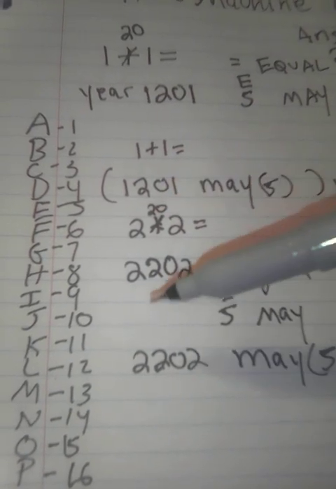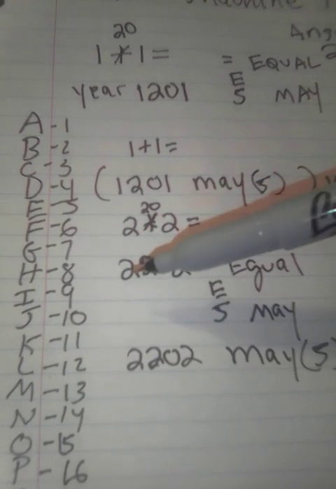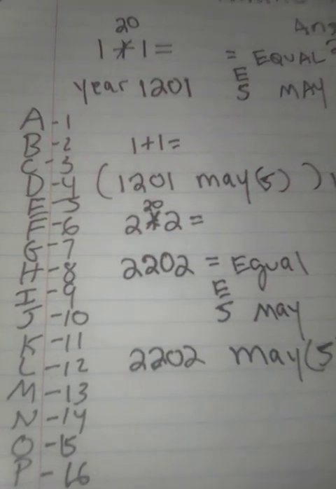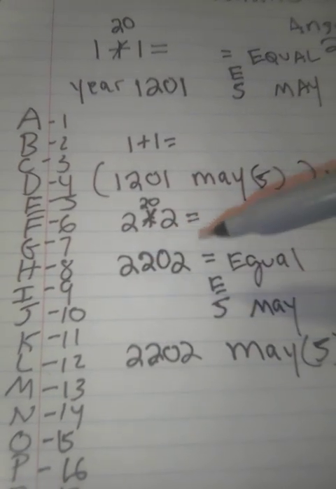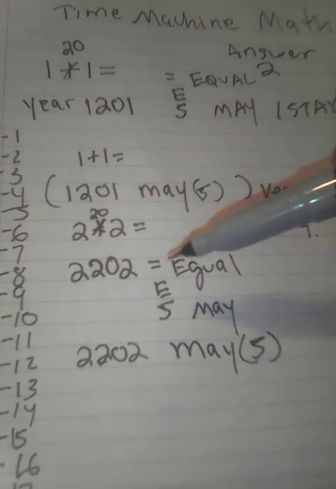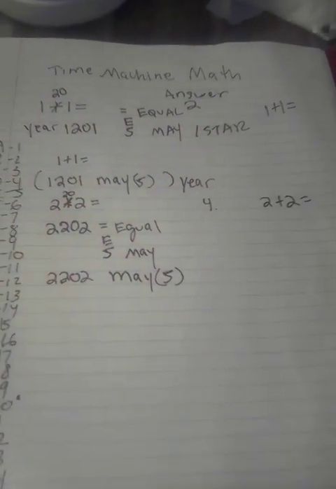You drop the 20 down, okay, you get the year 2202, okay? That's the year you get when you apply this method to the equation 2 plus 2. Okay, you get the year 2202.